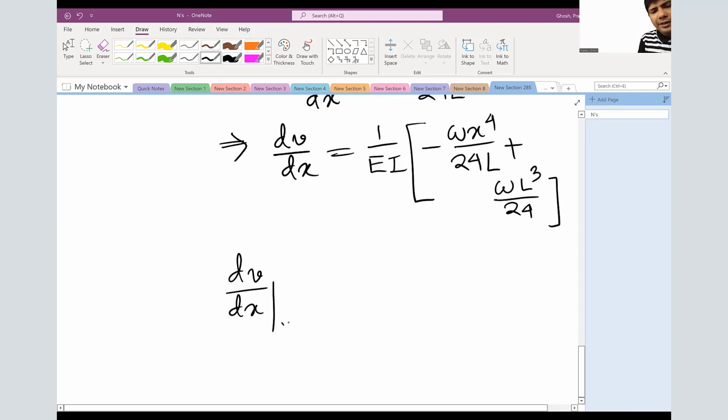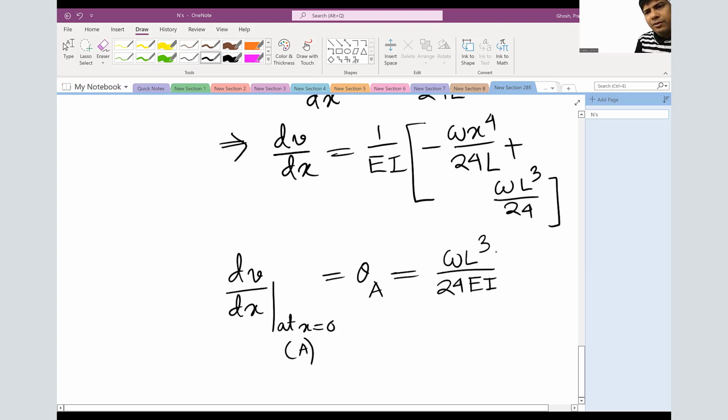At x equal to 0, which is A, theta A. We'll plug in x equal to 0, so this portion will be gone. So we are obtaining WL cube over 24 EI.